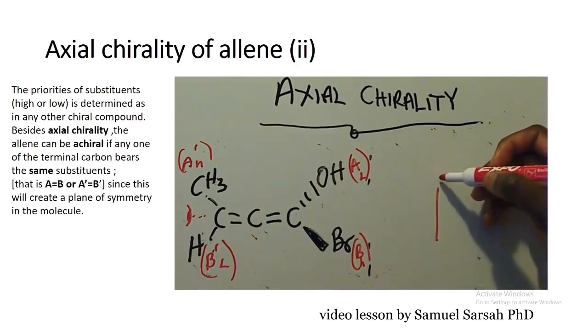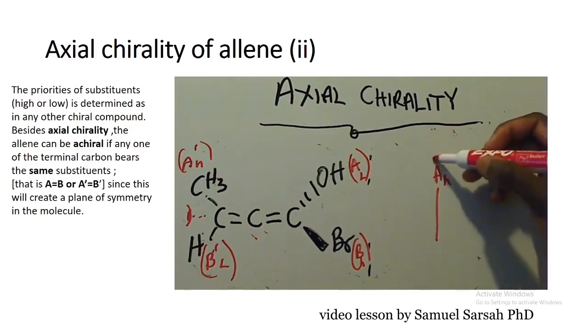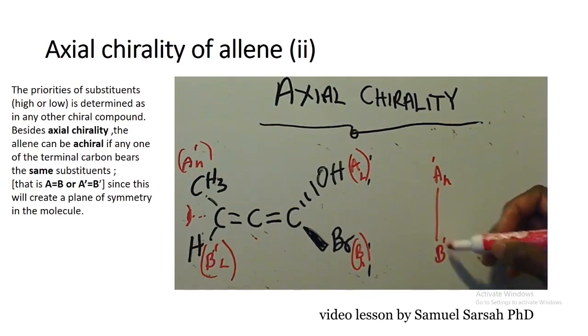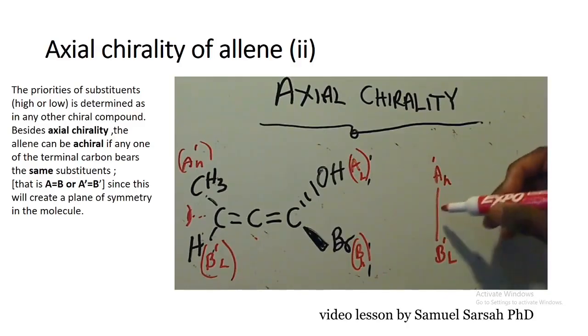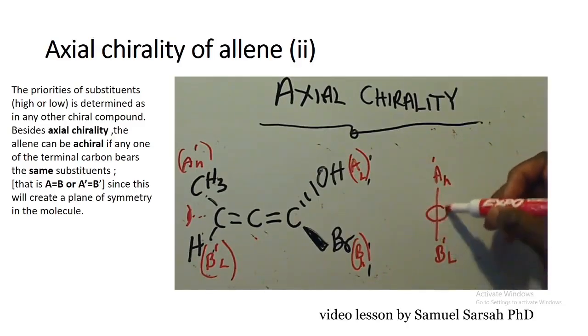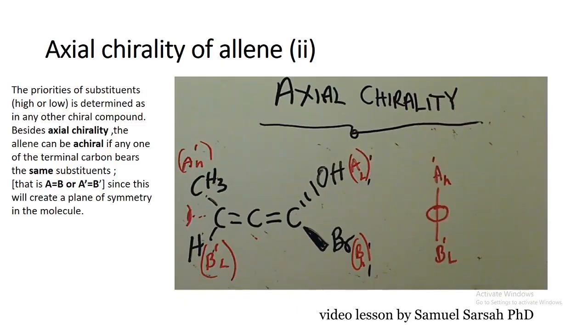So I'll see A H, A prime, and B prime. Of course, the L and H stand for higher priority and lower priority substituents. And then behind them, I will see the OH and the bromine.